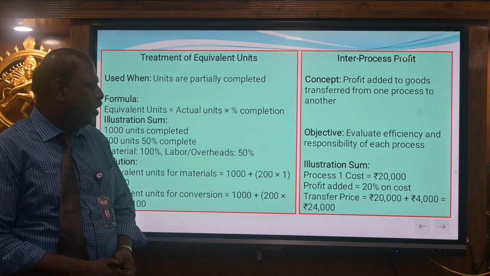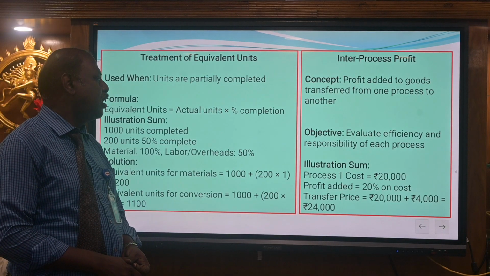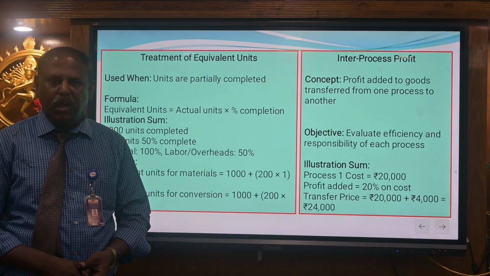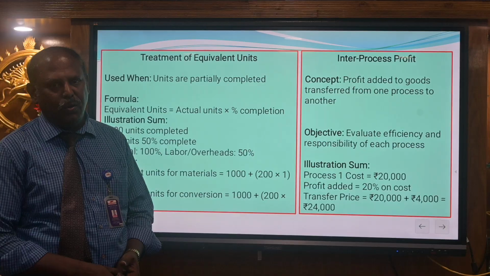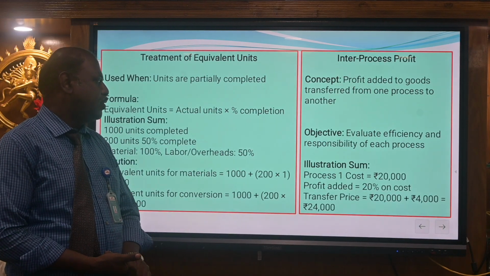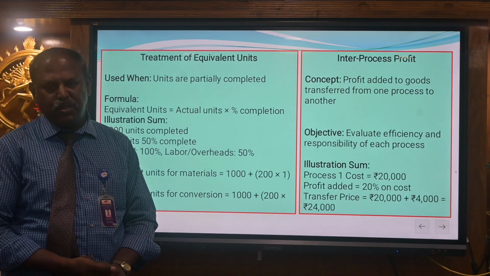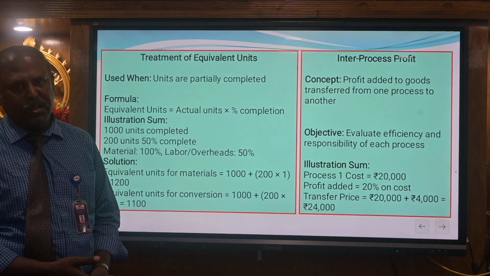The main objective is to evaluate the efficiency and the responsibility of each process. Without it, if you transfer to another process, there is no profit. So when we transfer one process value to another process, we have to fix some percentage as a profit.